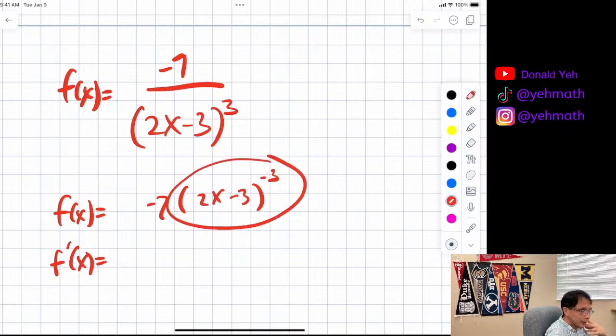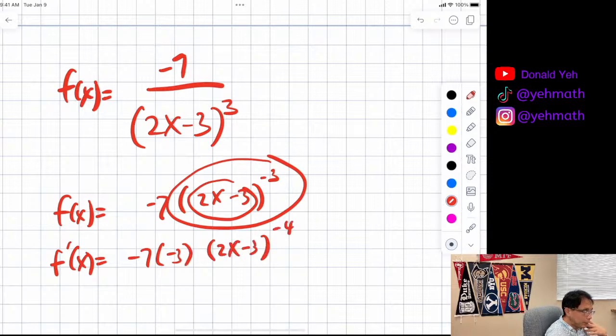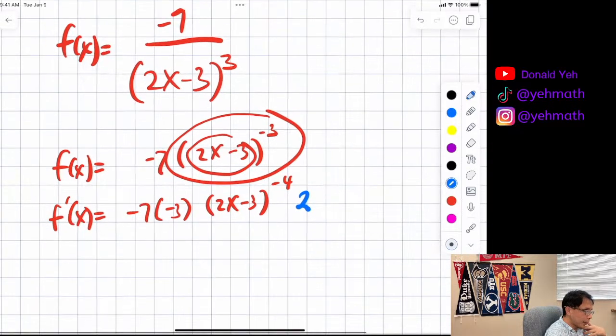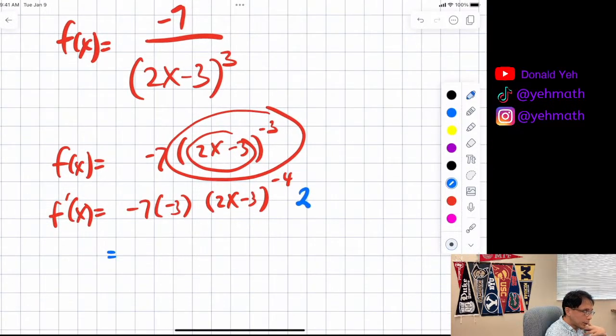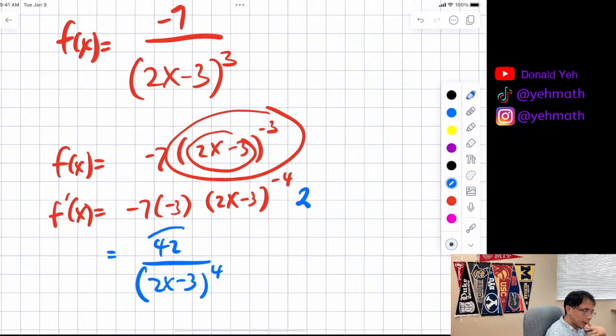One layer here, second layer here, right? So then that's going to be -7 times -3 times 2x minus 3 to the -4 power. No, 7's not in the layer. The 2 is going to be outside. Don't forget that 2. So that is equal to 42 over 2x minus 3. Wait, it's 42? Yeah.